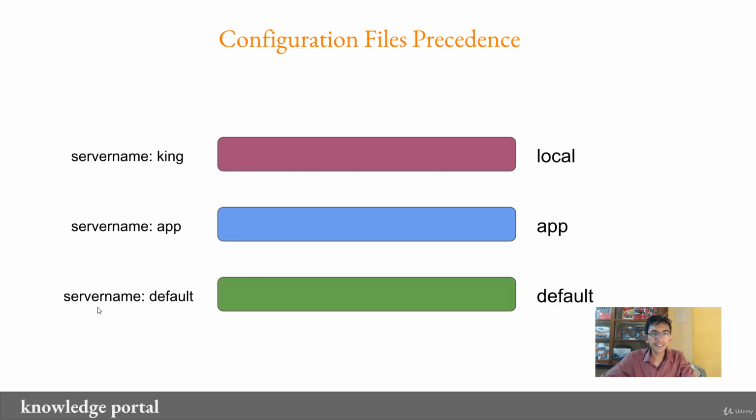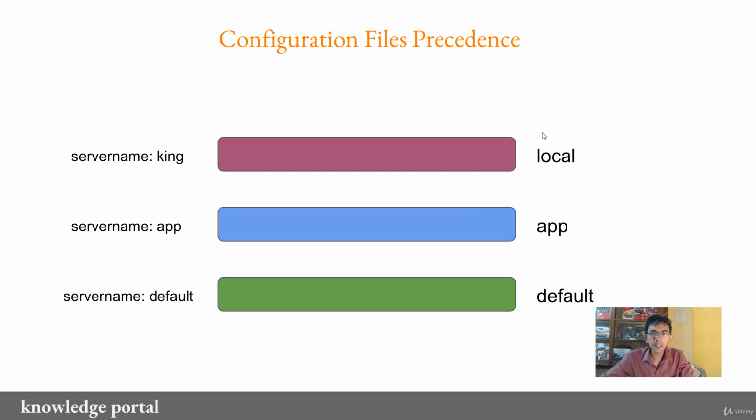So you can have the same file names across the default directory, app directory and local directory, and these files can also have the same field names with a different value. Here the field name is server name and the values are default, app and king. For such use cases, how Splunk handles this depends upon the file precedence.